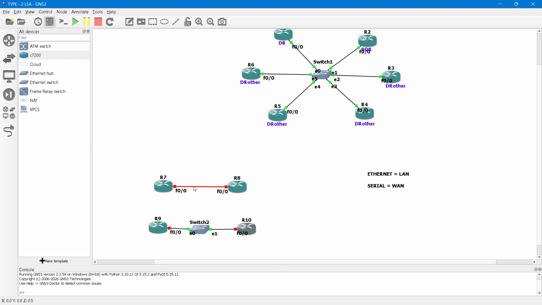And where we don't want them to participate in the DR or BDR selection, we use point-to-point configuration. We do it explicitly.